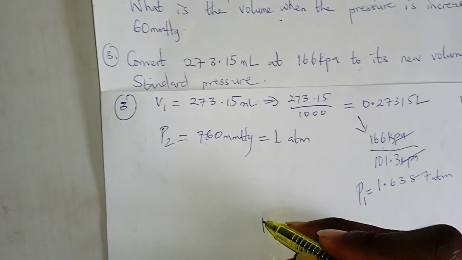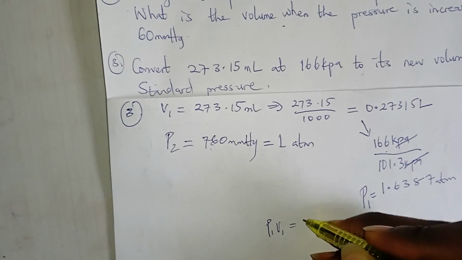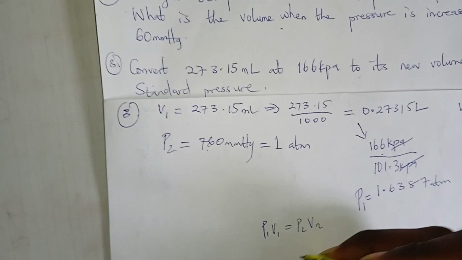Using the formula, since I have just pressure and volume, you have P1 V1 equals P2 V2.